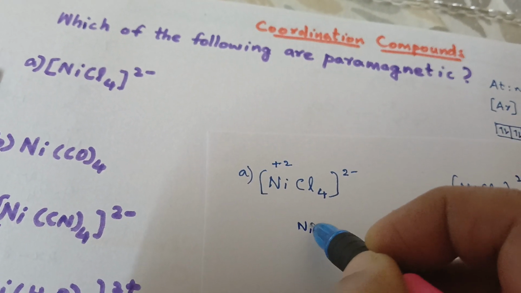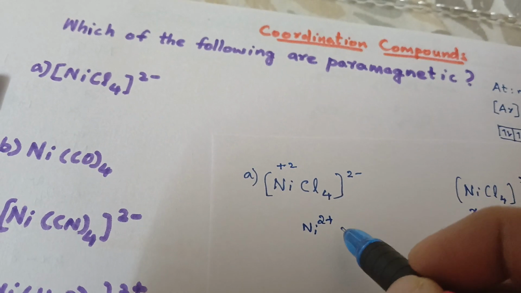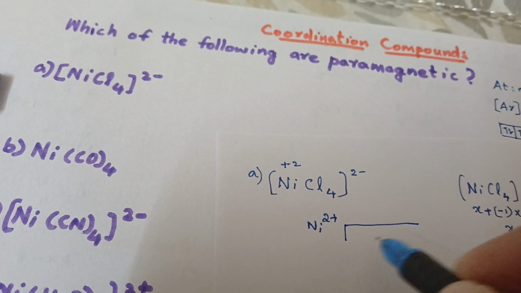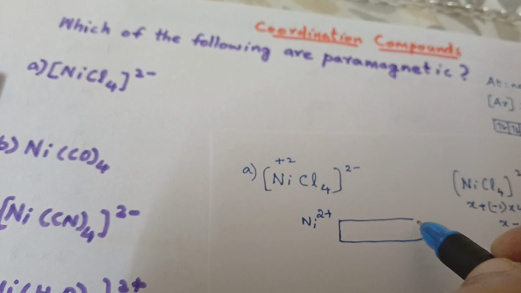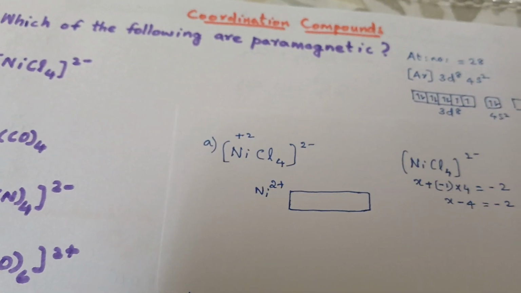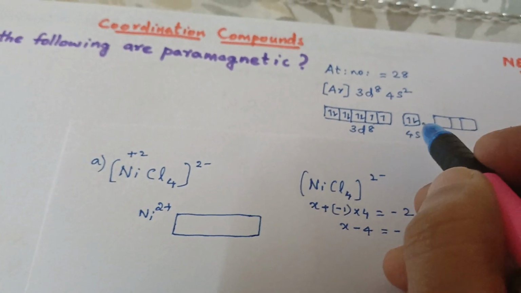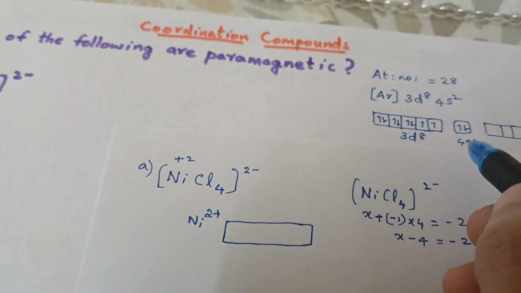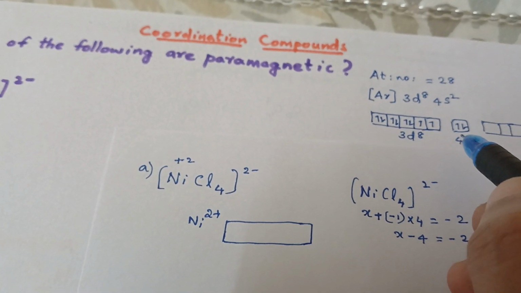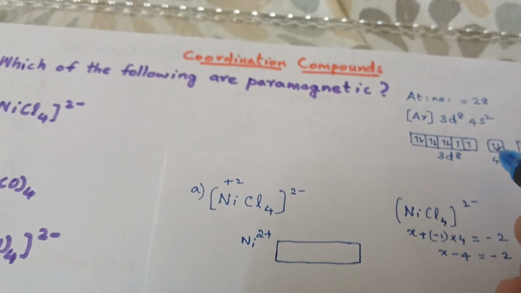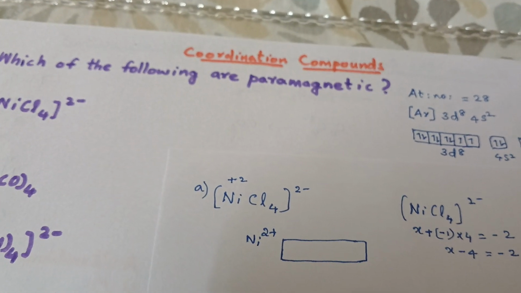That is Ni2+. Now the electronic configuration will become, here we were having 3d8 4s2. If it is Ni2+, the 2 electrons from the outermost orbital, 4s, will go away.